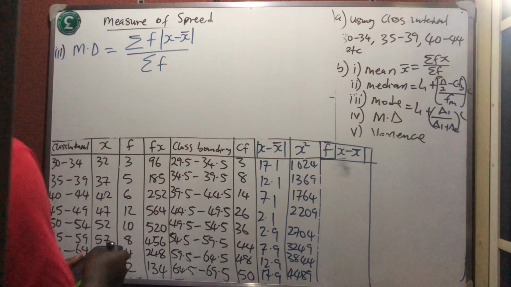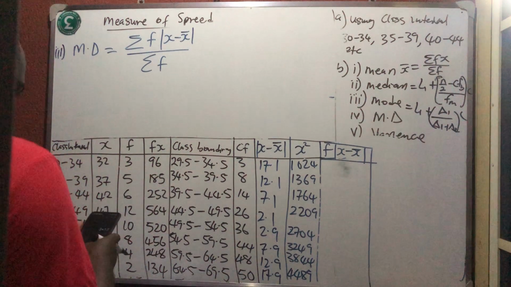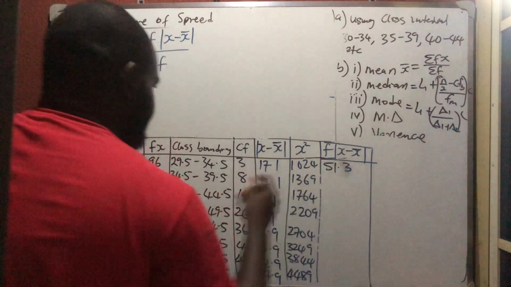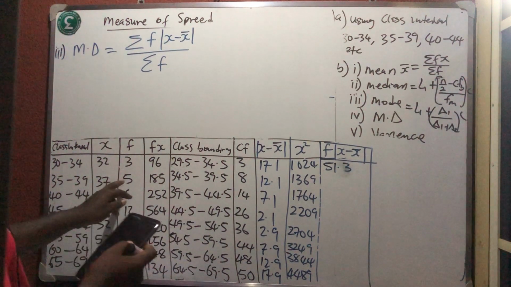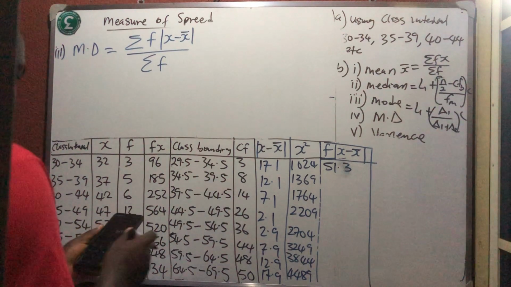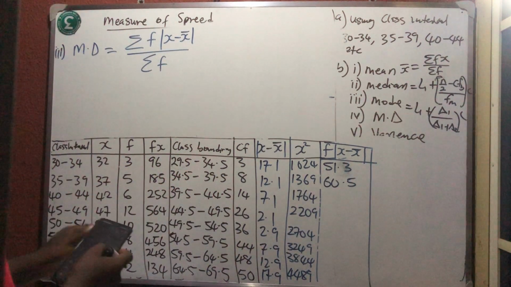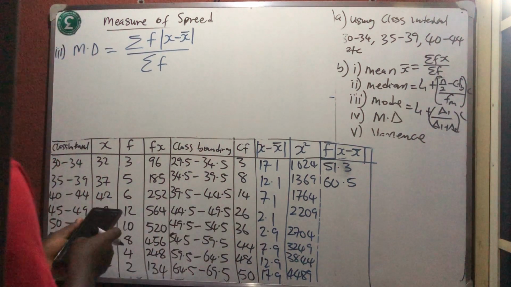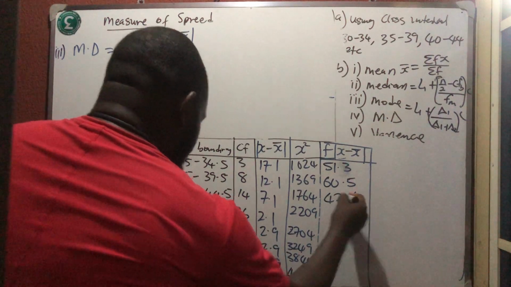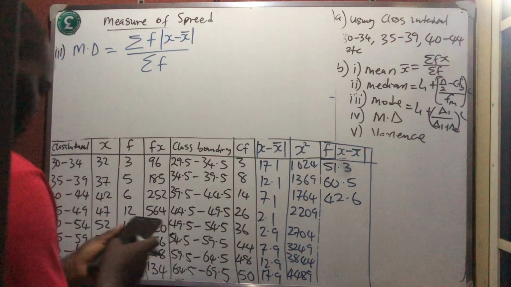So I'm having f, which is 3 times 17.1. I'm having 51.3. Okay, the next one is what? 5 times 12.1. I'm having 60.5. Okay, the next one is 6 times 7.1. I'm having 42.6. The next one is what? 12 times 2.1.